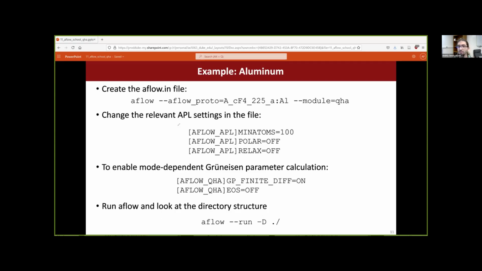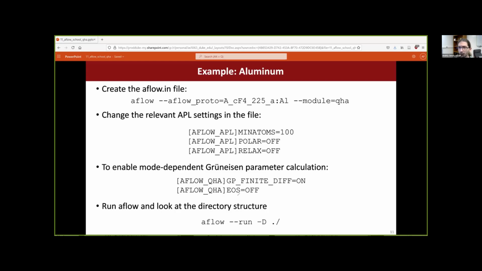But please keep in mind that QHA depends on APL, because we are actually doing harmonic calculations for different volumes. So we want to change APL settings too. For example, if you're making a calculation with a metal, you don't want to have a polar correction. Or, for example, you might decrease the number of atoms in your system if it's too big for you.